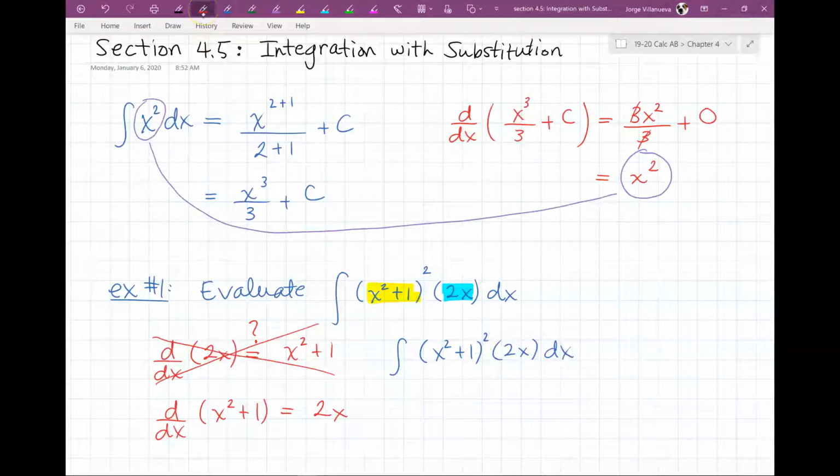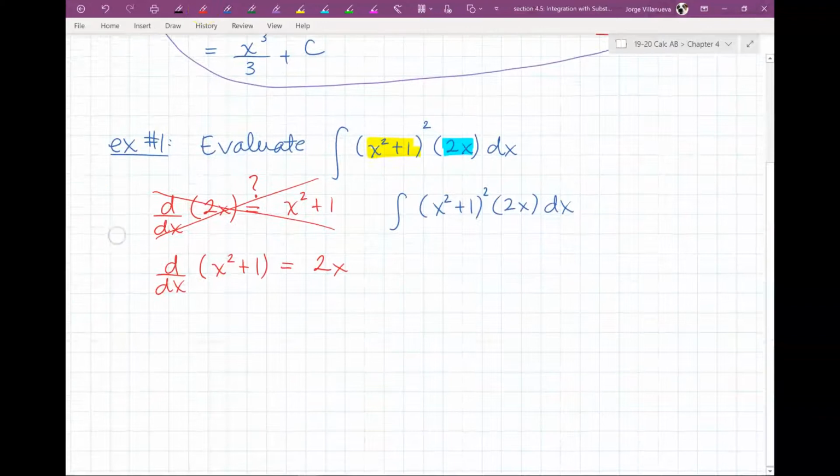And this is what I'm going to do. I'm going to write my let statement. We're going to let u equal to x squared plus 1. So let's take the derivative of u, du. Now I'm going to do this using differentials.